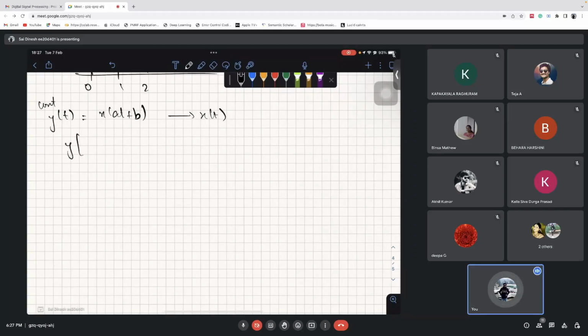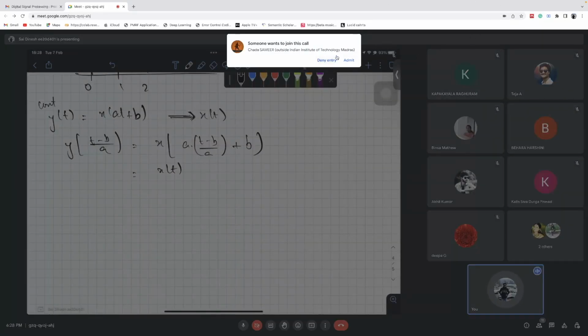It will be a into t minus b by a plus b, and then we can get back x of t. So it is possible to get back the signal after a linear transformation in the case of a continuous time signal, but in the case of a discrete time signal, the samples are completely lost.